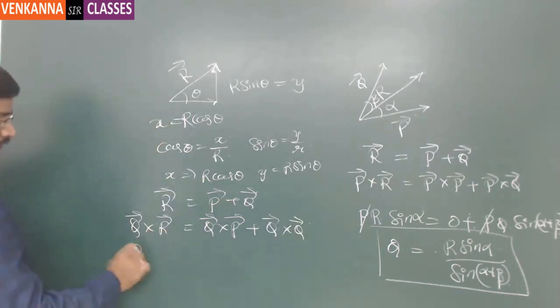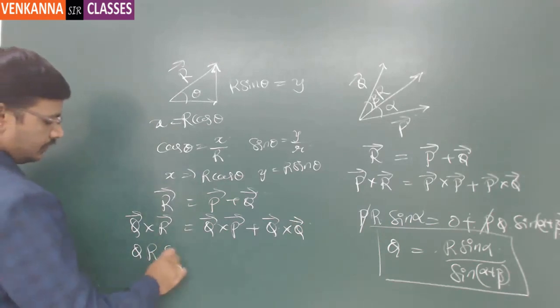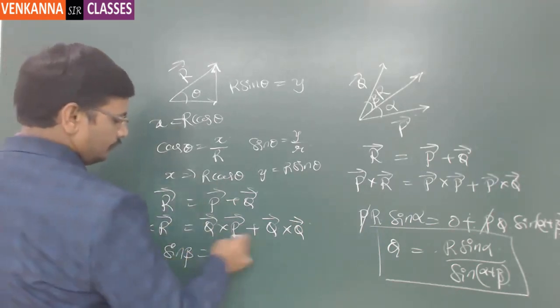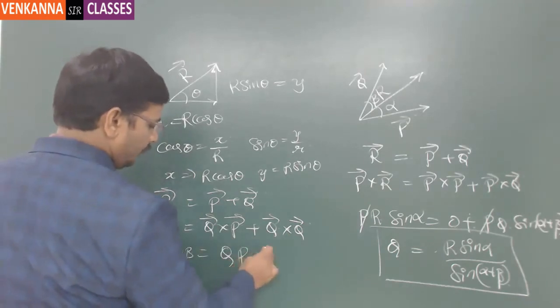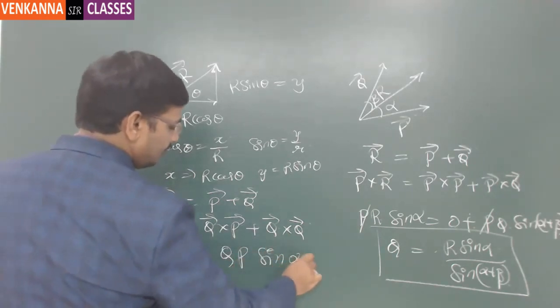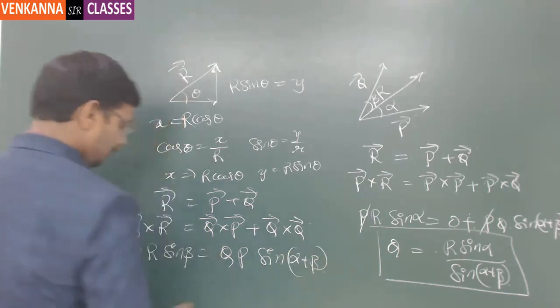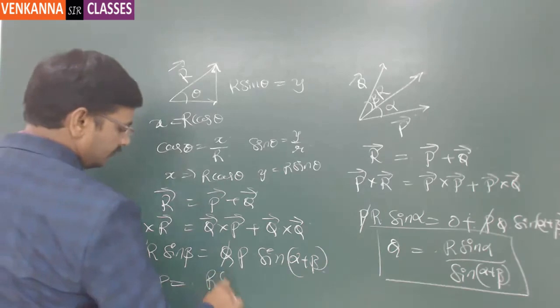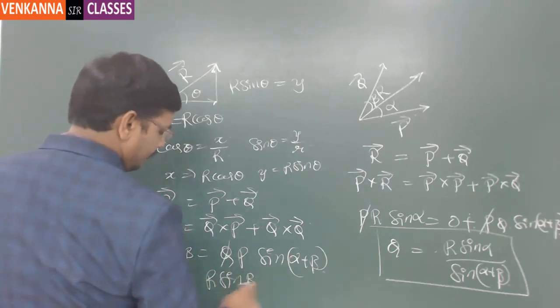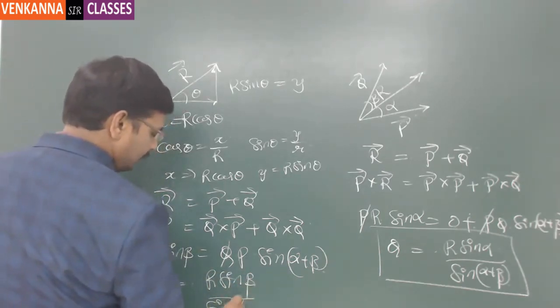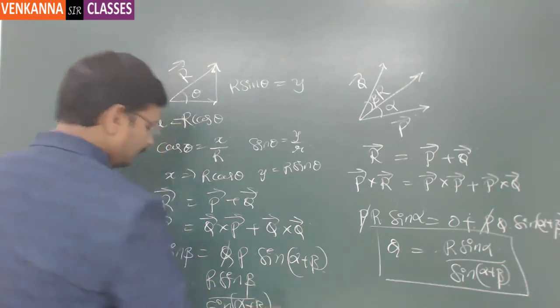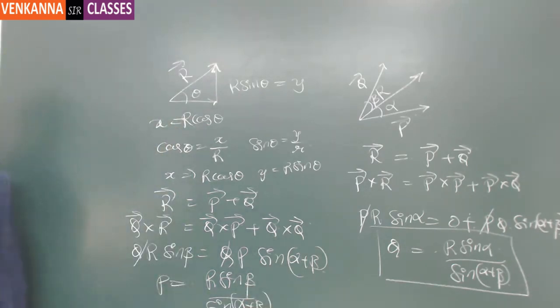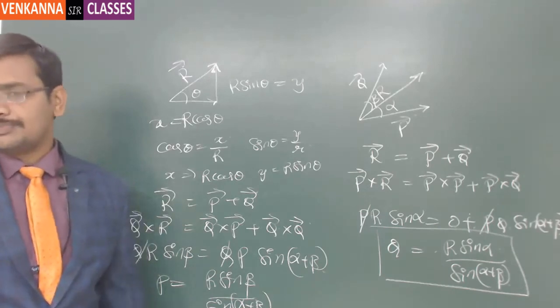So q r sine of the angle between q and r, which is beta, is equal to q cross p, which is q into p into sine of the angle between these two, alpha plus beta. Now q will cancel out, and p is equal to r sine beta divided by sine of alpha plus beta. This is how you can divide the vector into its two components. Got it?